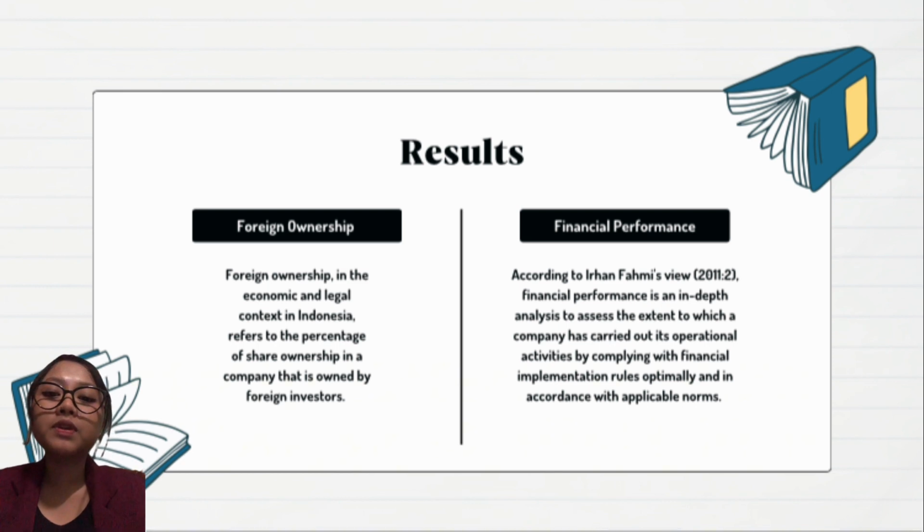Next, there is financial performance. According to Irham Fahmi's view, financial performance is an in-depth analysis to assess the extent to which a company has carried out its operational activities by complying with financial implementation rules optimally and in accordance with applicable norms.